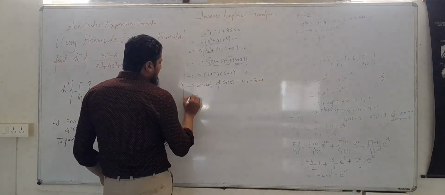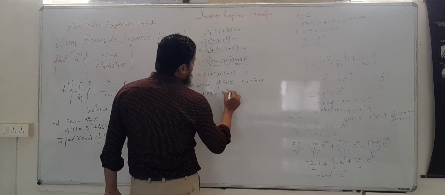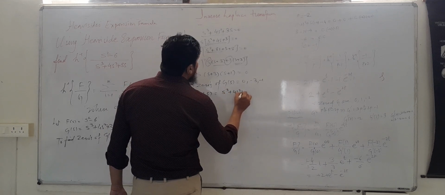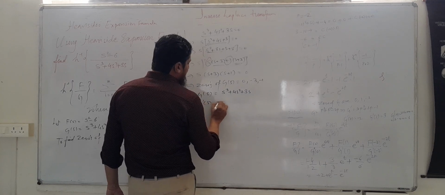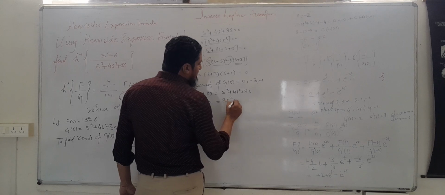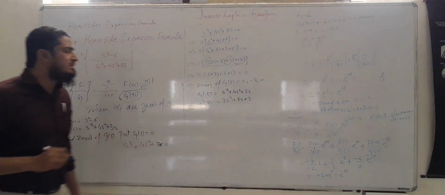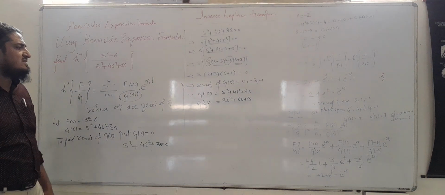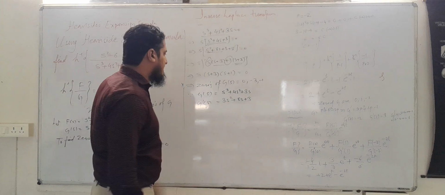Since g of s equals s cube plus 4s square plus 3s, g dash of s equals 3s square plus 8s plus 3.